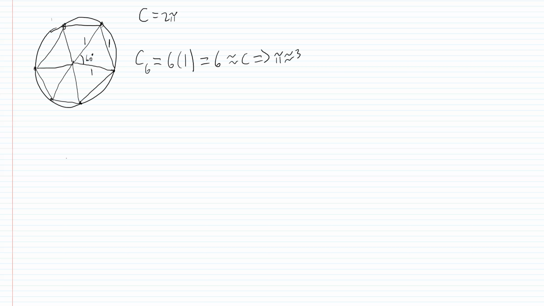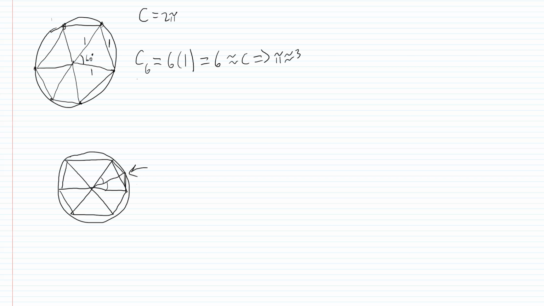Our next step: now let's focus on this triangle here. If I bisect this angle, meaning I cut the angle into 2 equal parts, and then I connect these corners here.